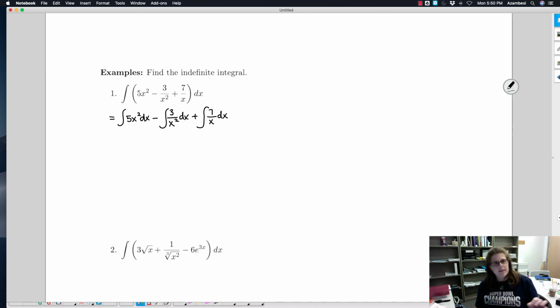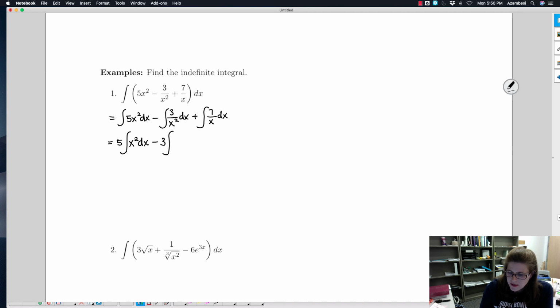Now I'm going to bring the constants out to the front so we can look at just the powers of x, or whatever we have for our function. So if I have the first one, that means we have 5 times the antiderivative of x squared dx, and we're going to be dealing with a straight power rule here. Second one, minus 3 times the antiderivative.